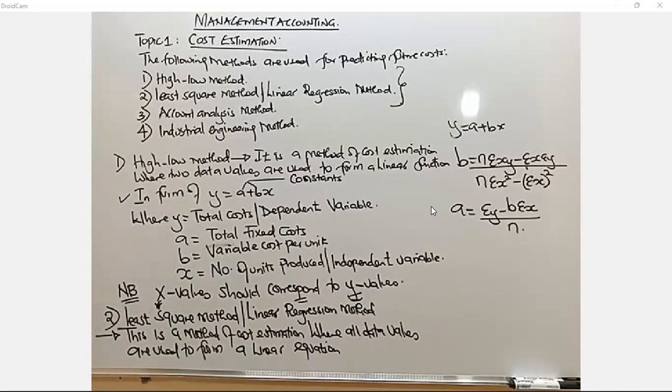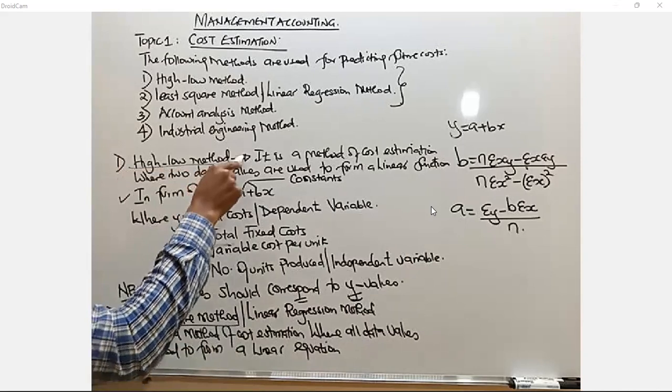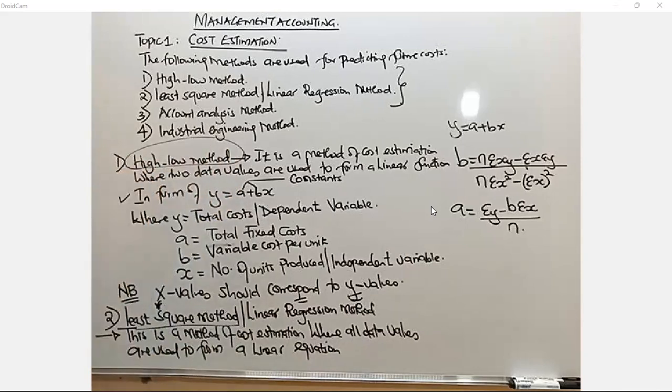In this case, the least square method uses all the data values, as per the advantages which I gave. Therefore the equation we formulate using the least square method is going to be more accurate compared to when you just take two values and ignore the others. Those are the disadvantages you can check under the high-low method. I think I was able to give that.